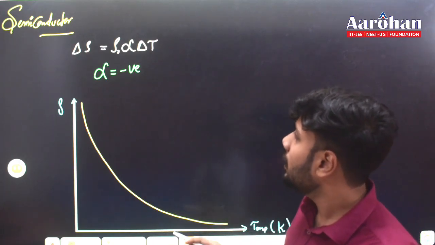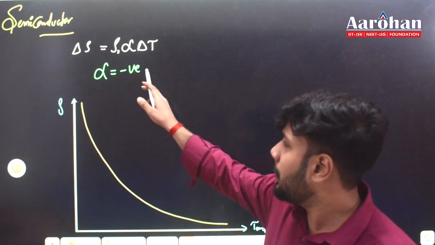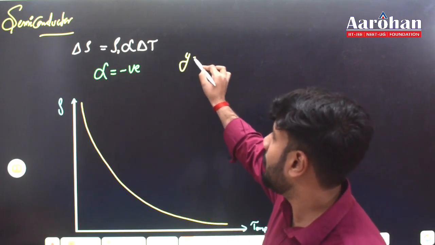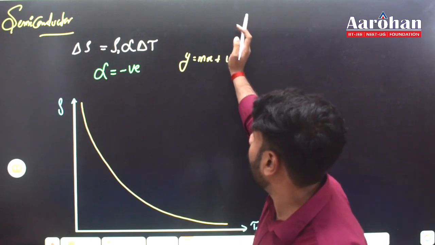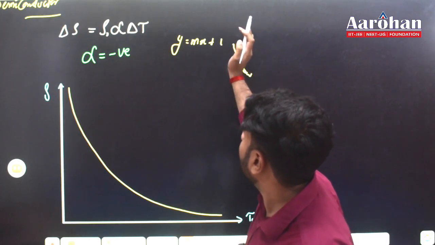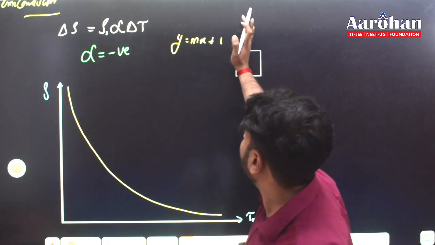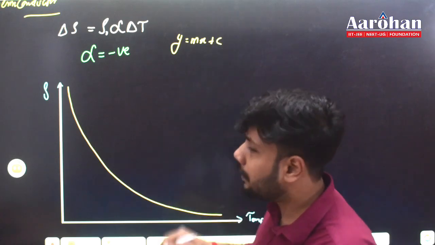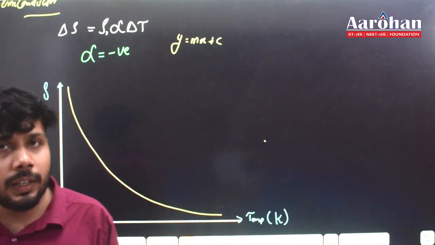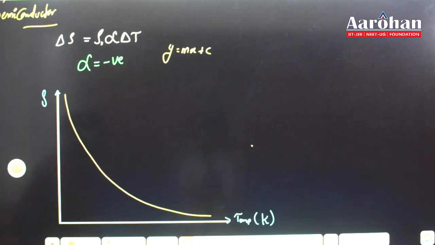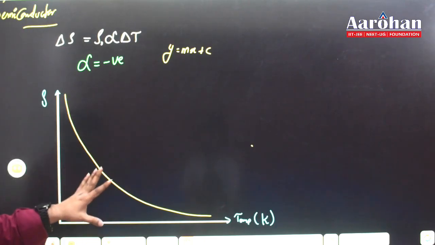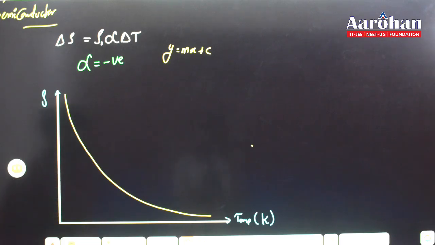Just like I told you, the expression that it should behave like a straight line is only true for very small change in temperature. If the temperature is higher, it is always going to have a curved graph, whether you talk about conductor or semiconductor.